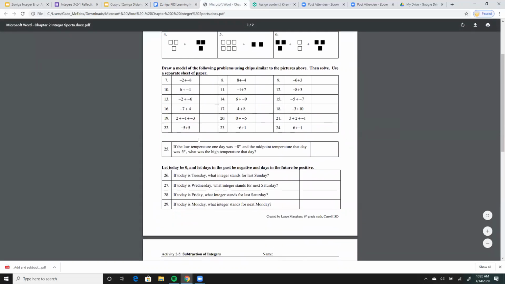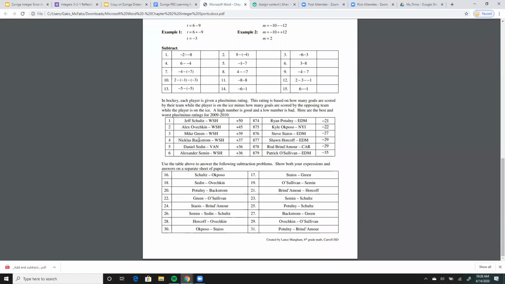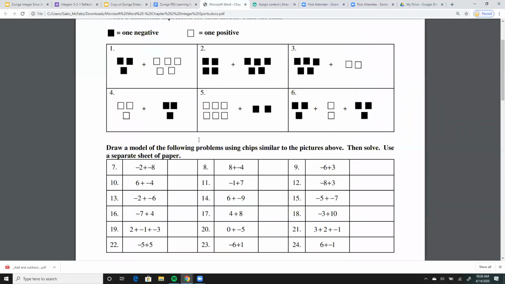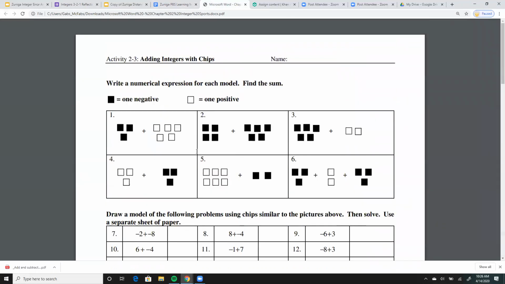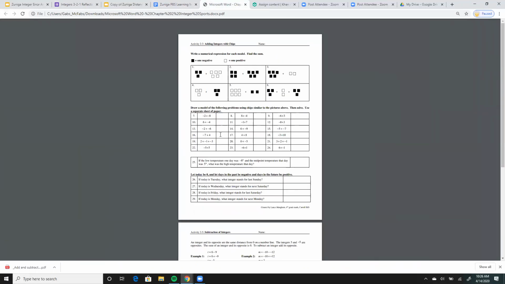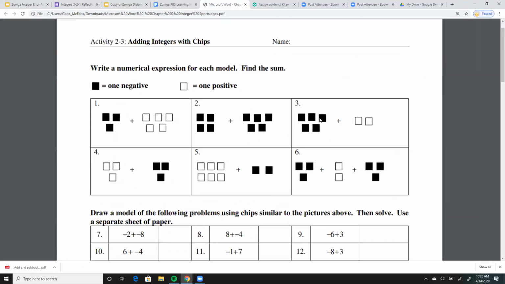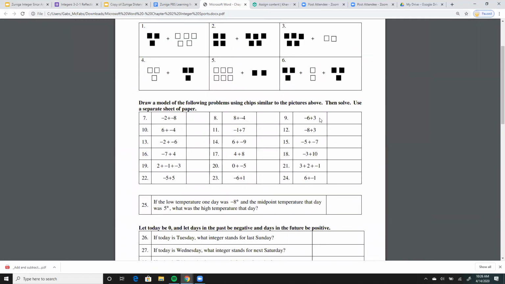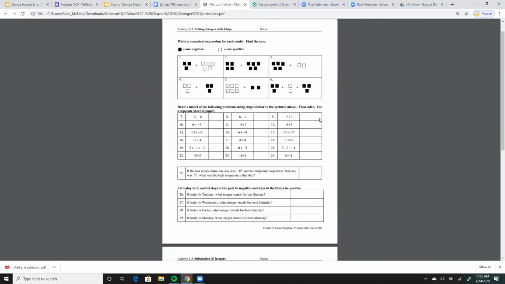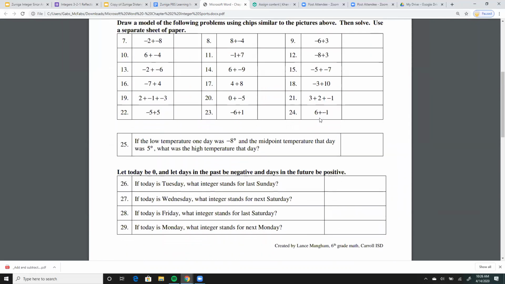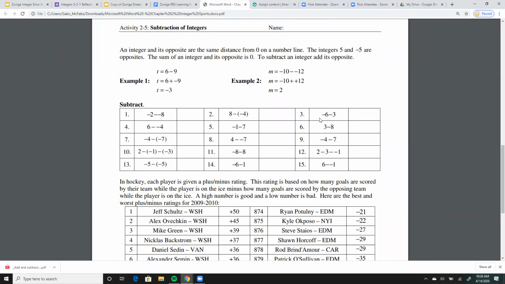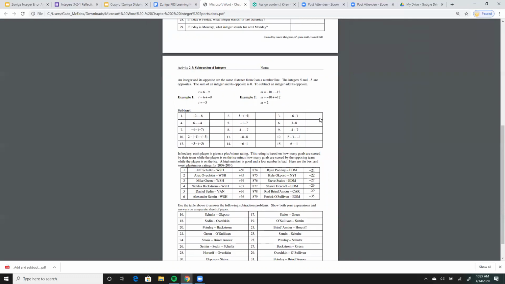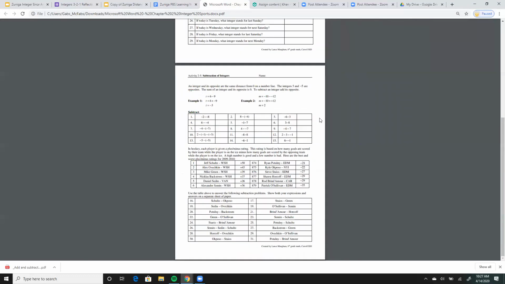This one right here is a little more complicated. I know there's a lot of work, and you can't really write on it because it is a PDF. So if you want to do this one, because it is pretty cool and I do like it, just write it on a separate sheet of paper and then email me a picture of your work.